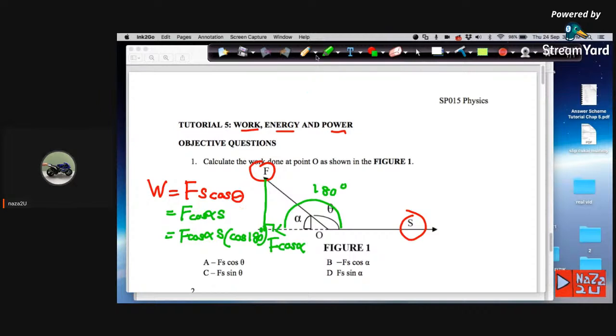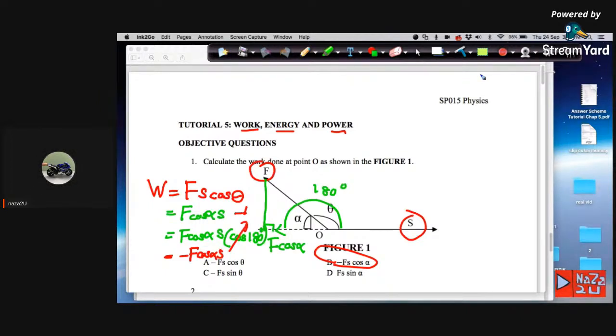Cos 180 is equal to minus 1. So now we have a negative F cos alpha S. Yeah, the answer is B. Okay, class, this is number 1. So we go to the next question.